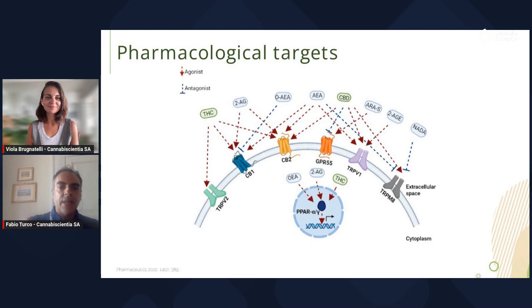Phytocannabinoids exert their effect because they can interact with various targets on our body. In this slide, we can see some of the receptors that are activated by phytocannabinoids. And as you can see, both phyto and endocannabinoids can act on the same receptors.